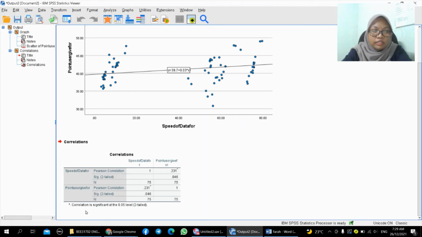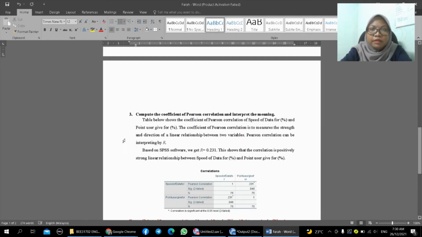The correlation is significant at the 0.05 level, two-tailed. The table below shows the coefficient of Pearson correlation of speed of data and point user give. The coefficient of Pearson correlation measures the strength and direction of a linear relationship between two variables.